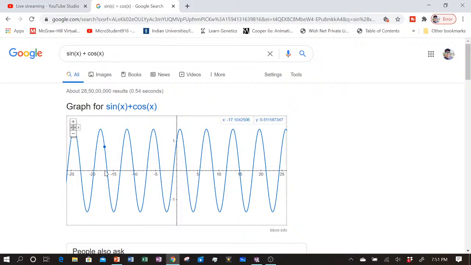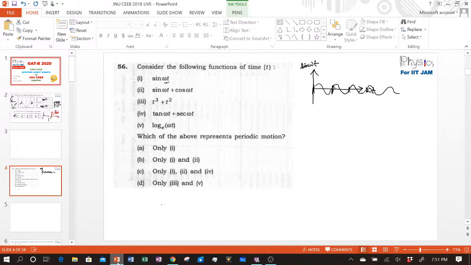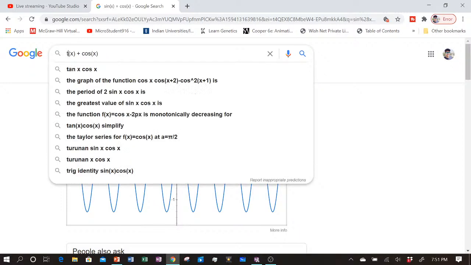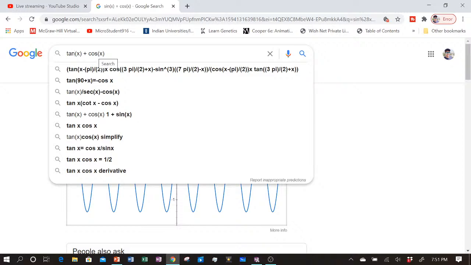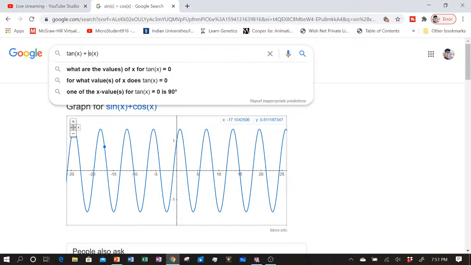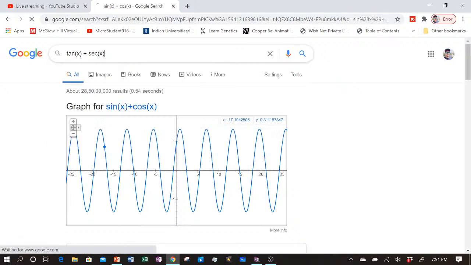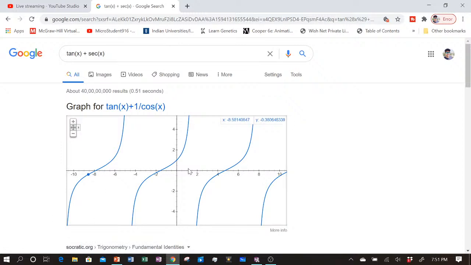Okay, now if we go for the next, not t cube plus t square, but tan omega t plus sec omega t, that is tan x plus sec x. See here, it is again repeated after a certain time.